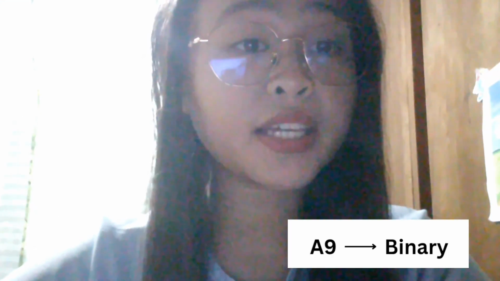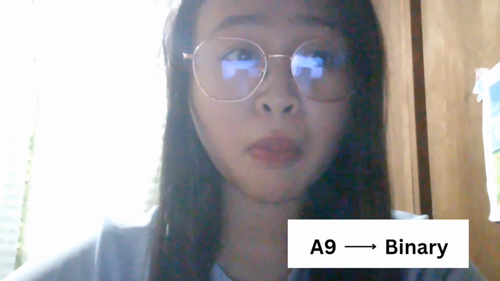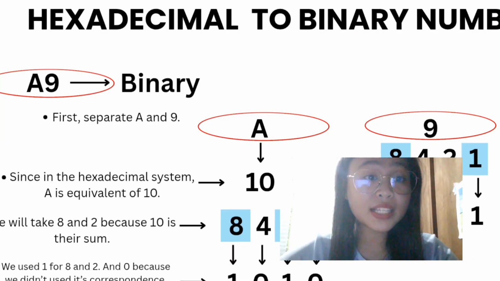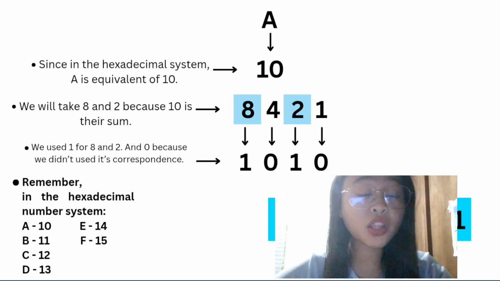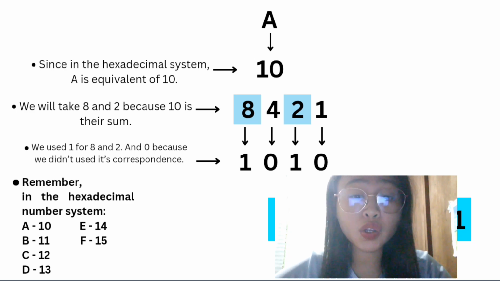Hexadecimal to binary. Our value is A9, and we have to convert it into binary system. So how? Firstly, we have to separate A and 9 like this. Since in the hexadecimal number system, A is equivalent to 10, we will use 10.